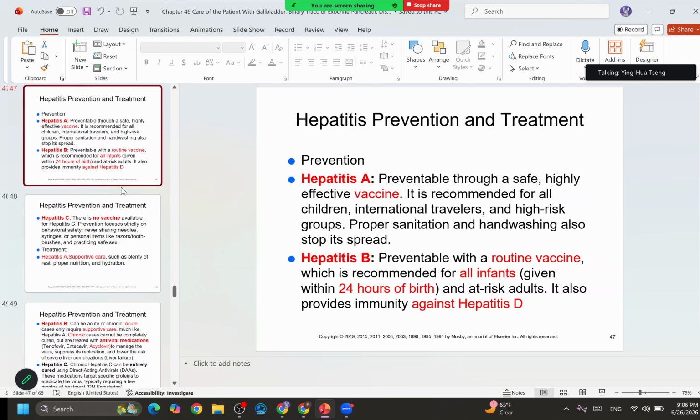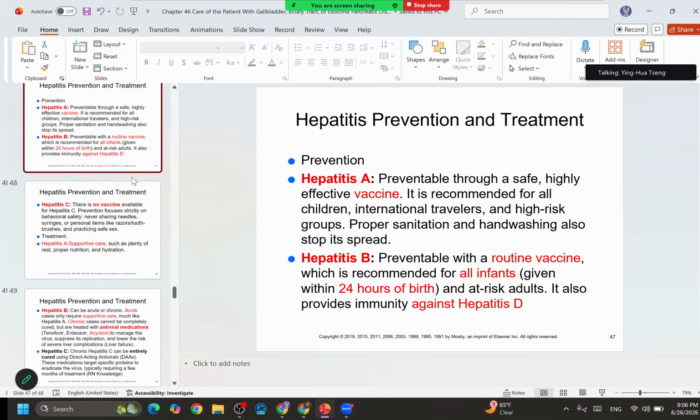So if you want to prevent hepatitis A, you can get a vaccine, and then if you eat some contaminated food, you may get sick, but it's not going to make you have hepatitis A. If you want to travel to a developing or third-world country, you can get the hepatitis A vaccine, maybe also combined with the flu shot and DTaP, and what's another one?